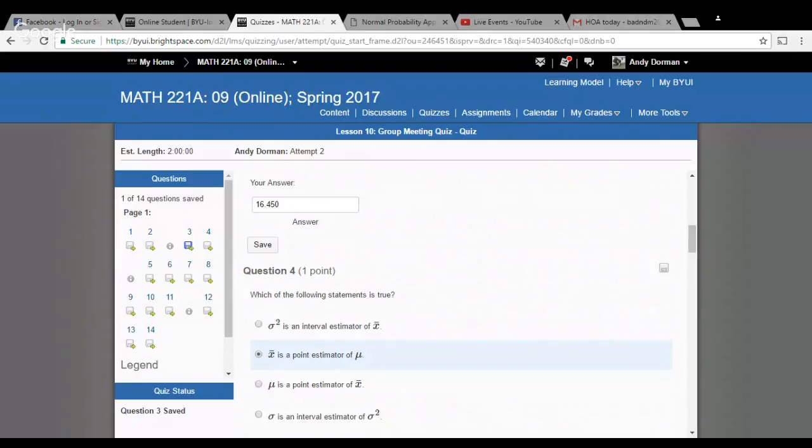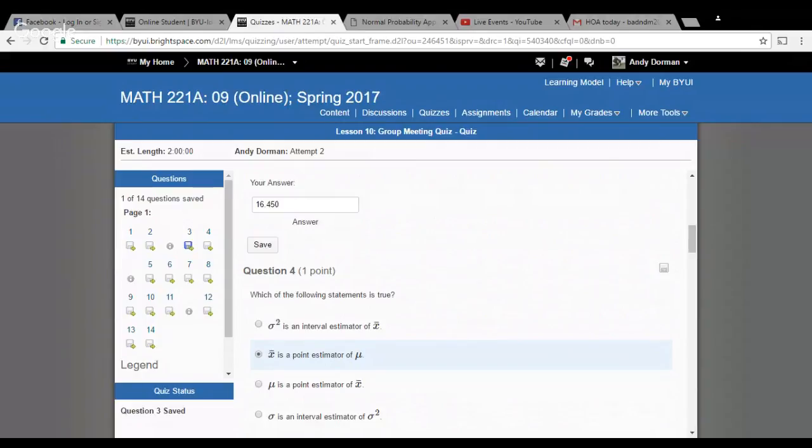Do you understand how I got to the answer that I got, 16.45? Okay, perfect. Shall we move on, or do you want to stay on the last question? Okay, we'll move on to question number 4 then.